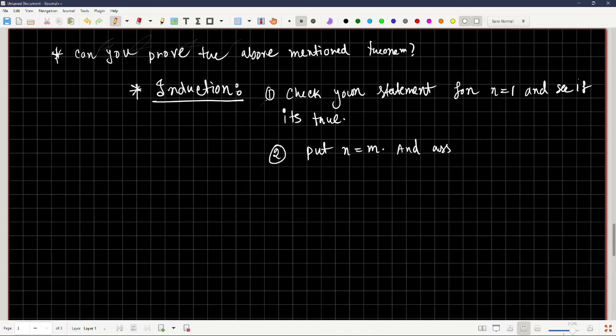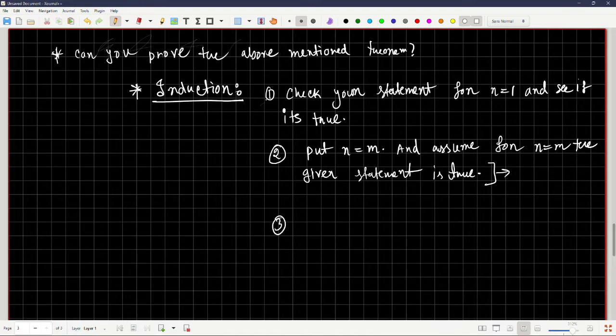As I was saying, on step 2, put n equals to m and assume for n equals to m the given statement, that means the problem you're dealing with, is true. This is the assumption part, you assume it, okay?